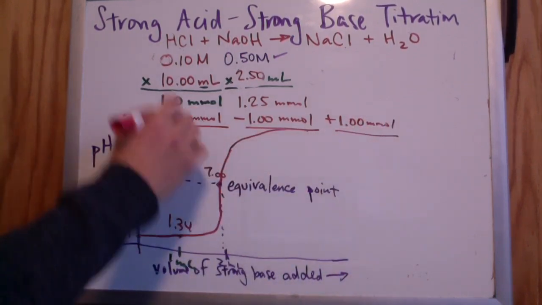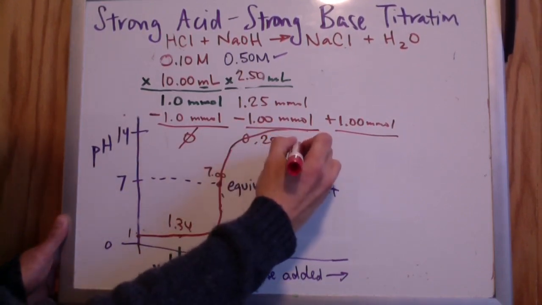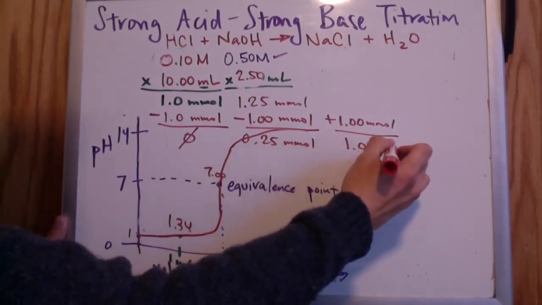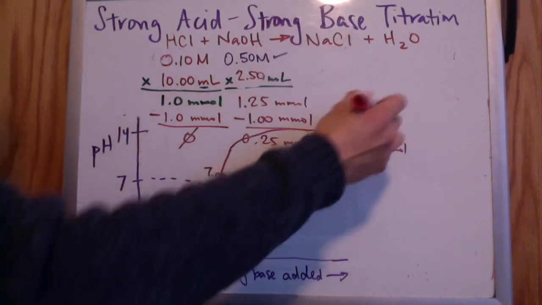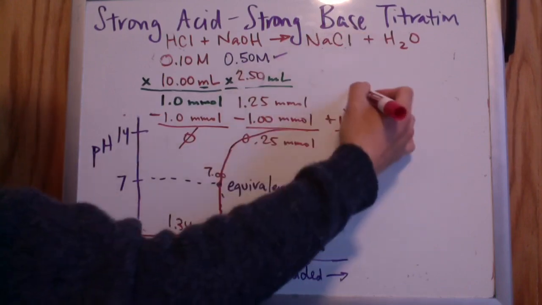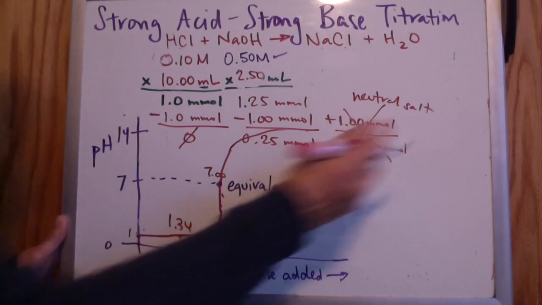So then we end up with no hydrochloric acid left over. Now we have excess sodium hydroxide, and then we made the NaCl, 1.00 millimoles, which, like we talked about before, we don't care about in the pH because this is a neutral salt.